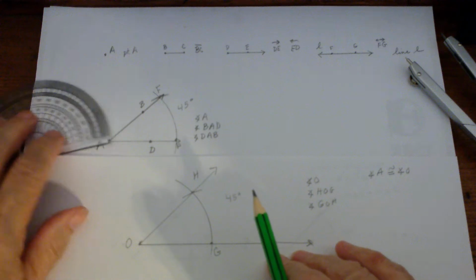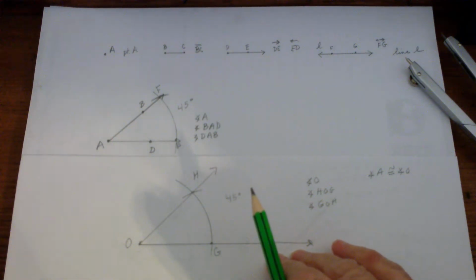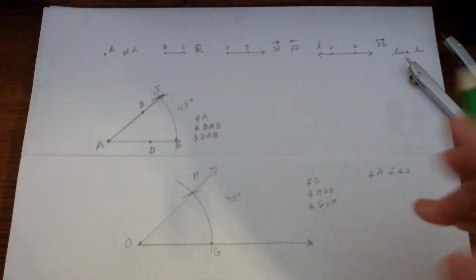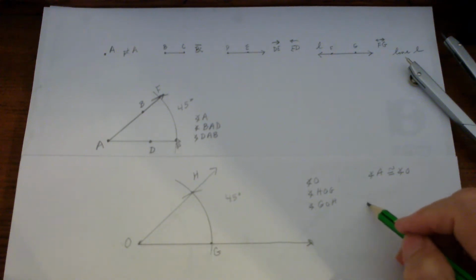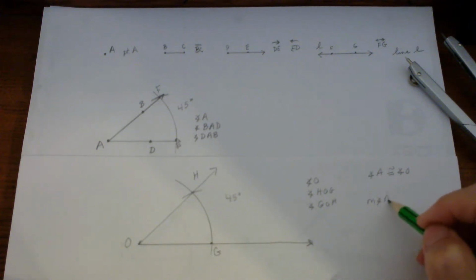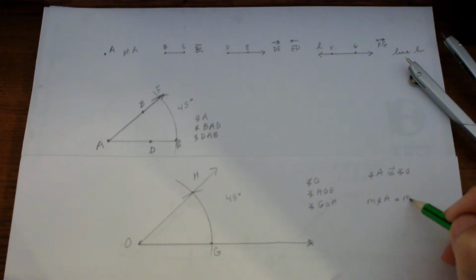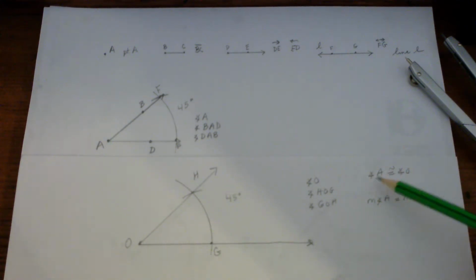We measured it, but that's not a construction when we measure it. But we would say that the measure of angle A equals the measure of angle O. Notice the difference. Angles are congruent. Measures are equal.